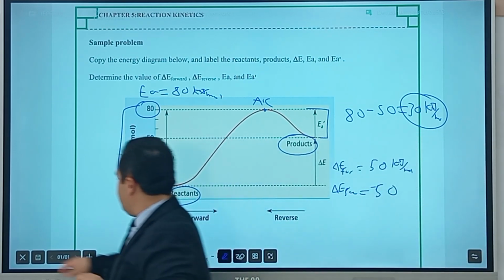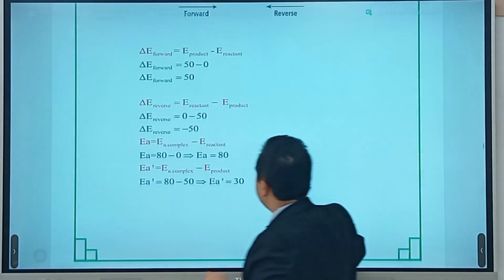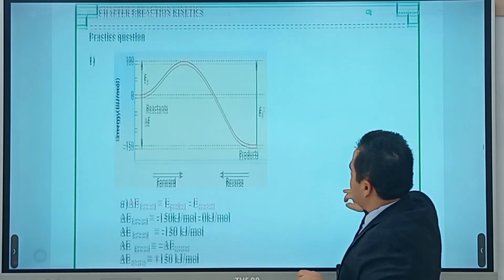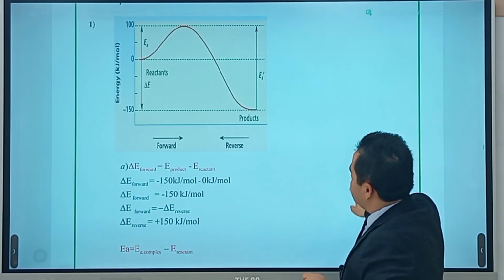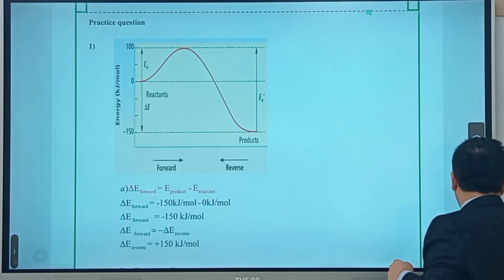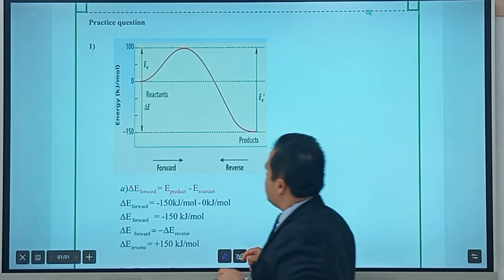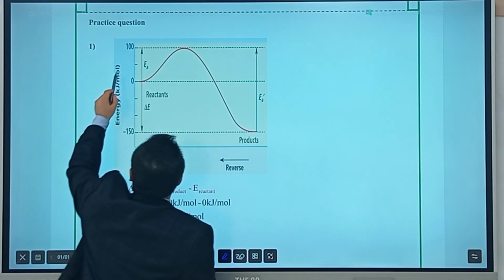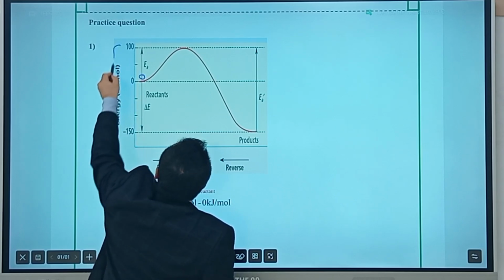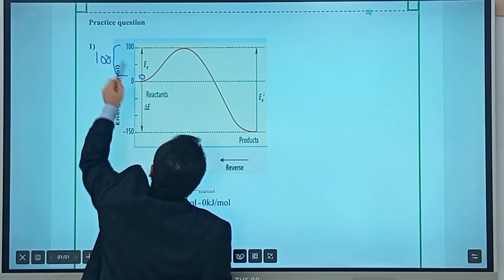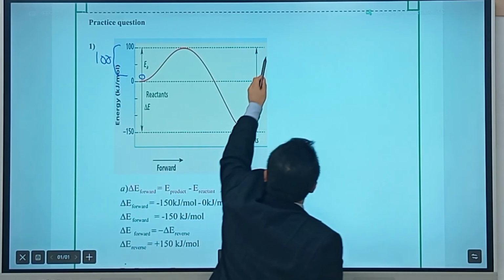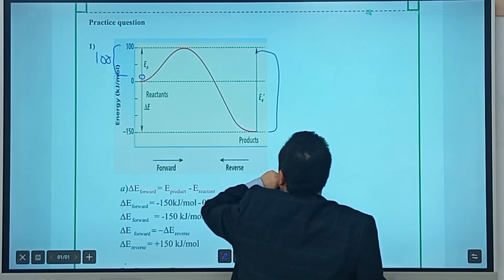That's how we can solve, if the graph is given, for EA prime, delta E forward, and delta E reverse. Guys, simply here the 0 is the reactant, so EA is equal to 100 kilojoules per mole. EA prime: this is exothermic, why?